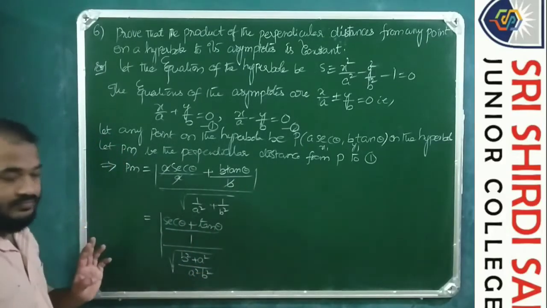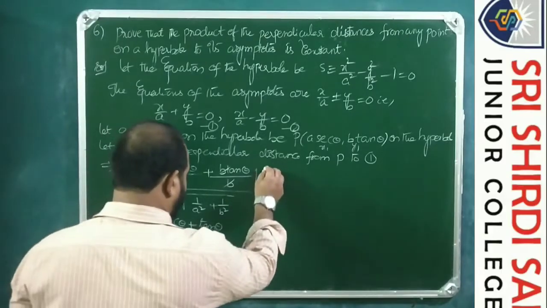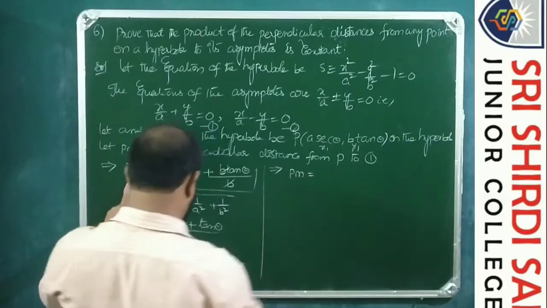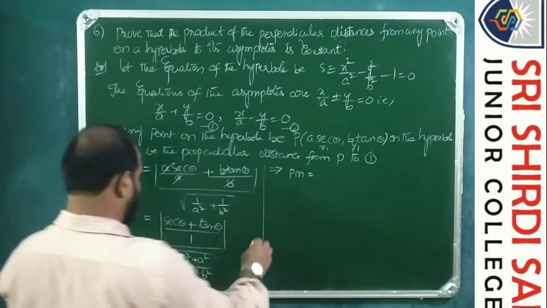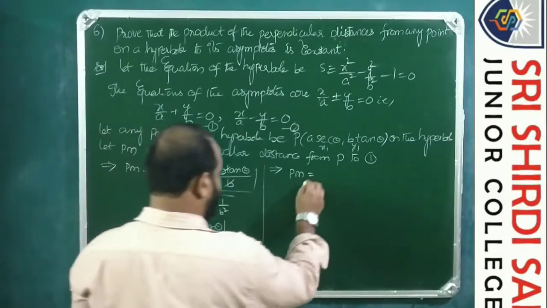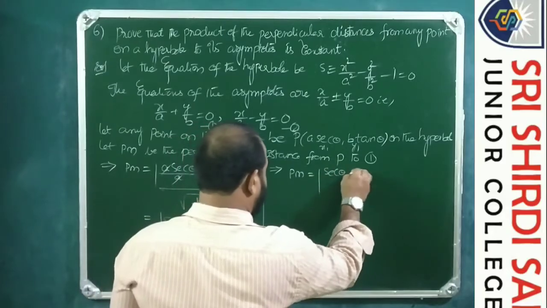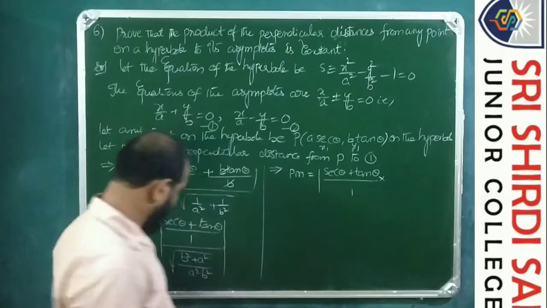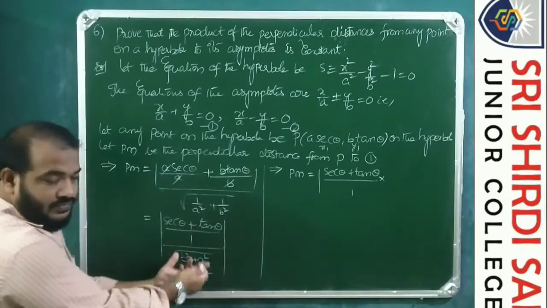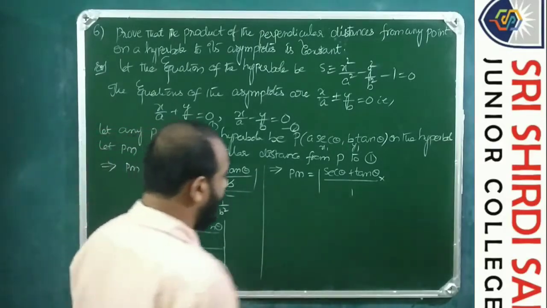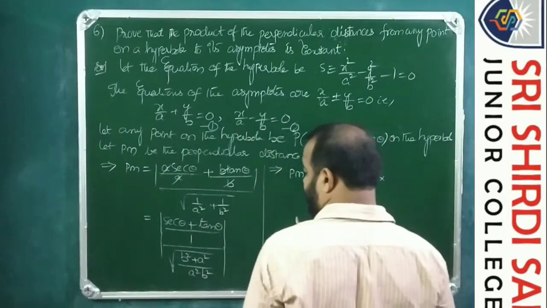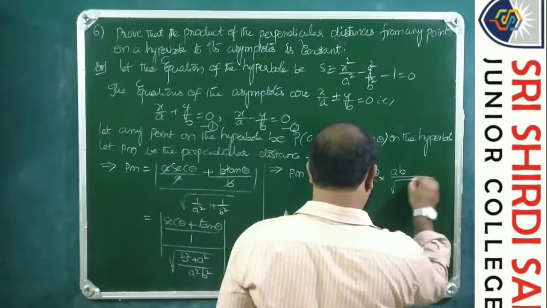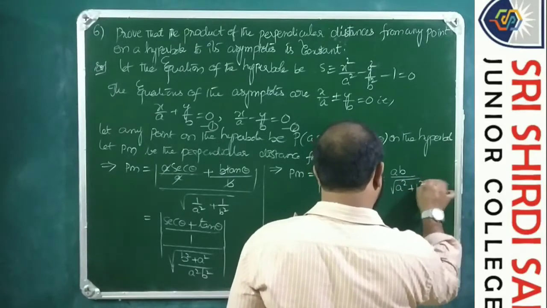So PM is equal to secant theta plus tan theta by 1 into ab by square root of a square plus b square.